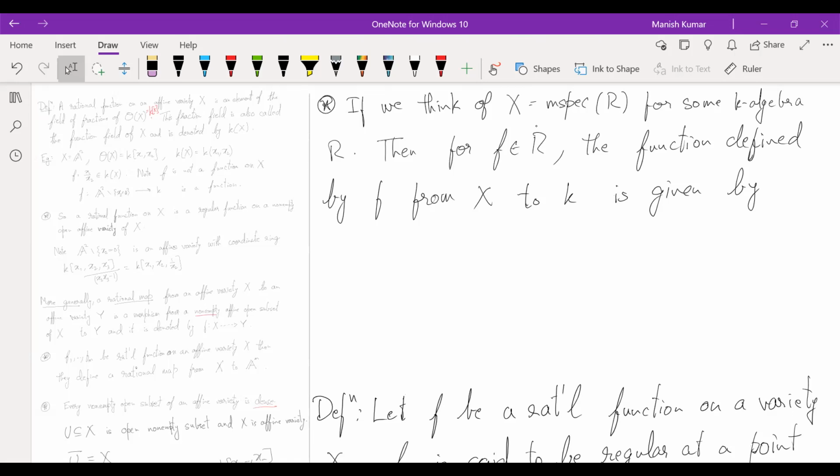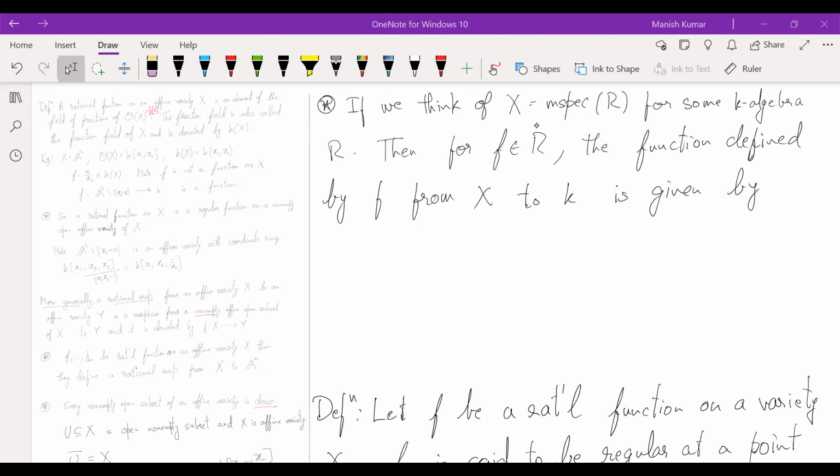So now if you are given f in R, what is the function defined by f from X to K? If you think of X as m-spec R, how do you define the function from X to K?